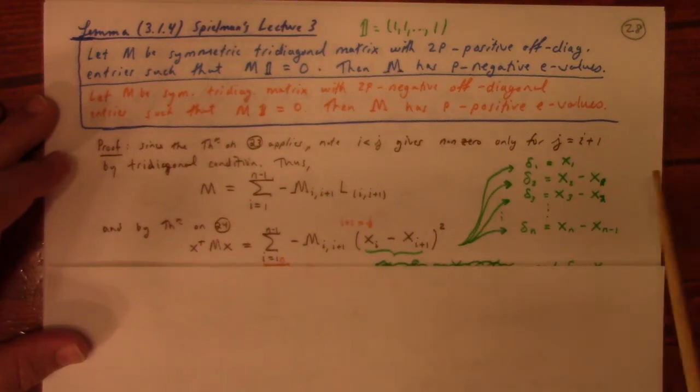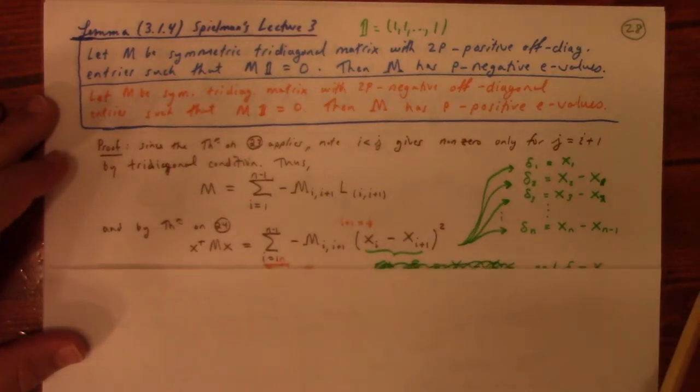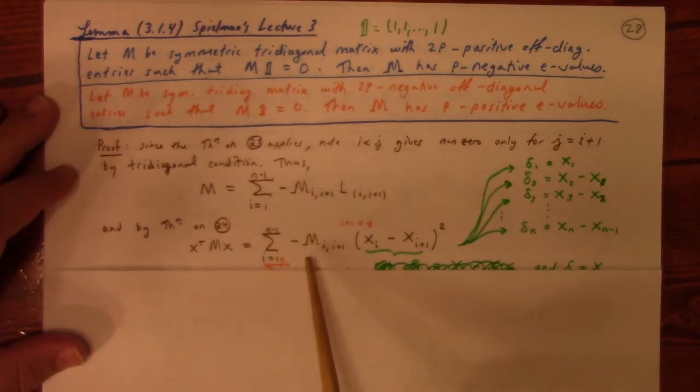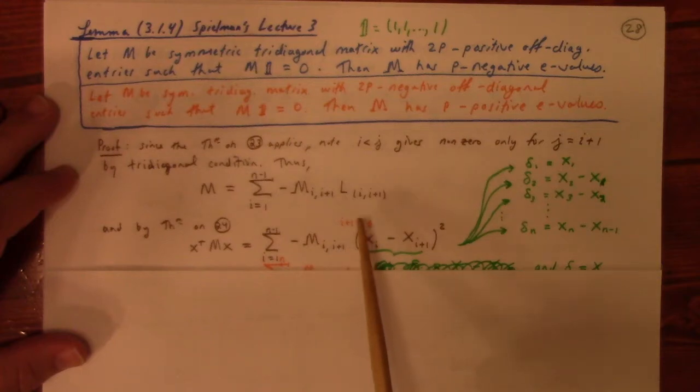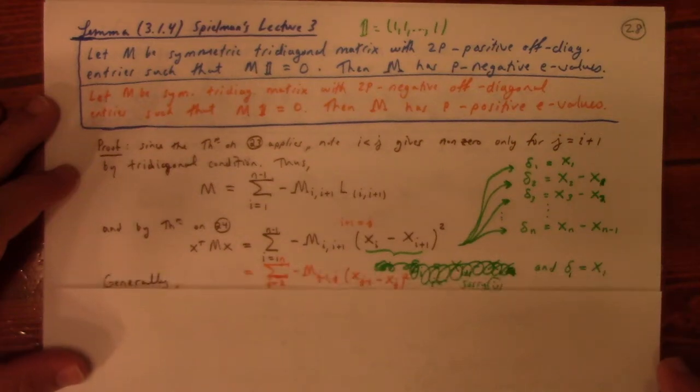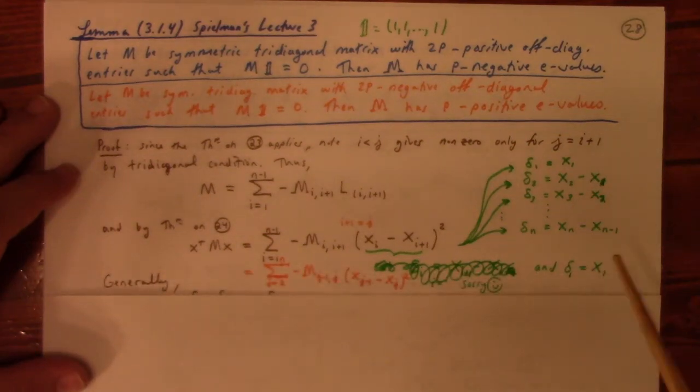But also by the theorem on page 24, our weighted sum of squares formula, we can rewrite this as minus m sub i comma i plus 1 times x sub i minus x sub i plus 1 squared, right? Then I got a little confused because he does something sneaky here and doesn't quite say what he's doing. He's really making a change of summation.